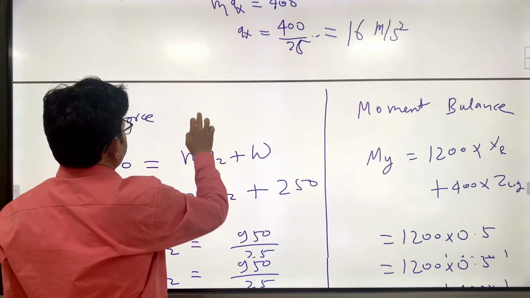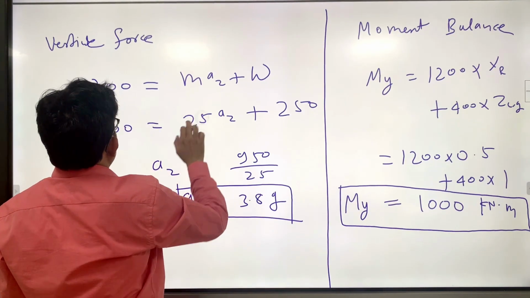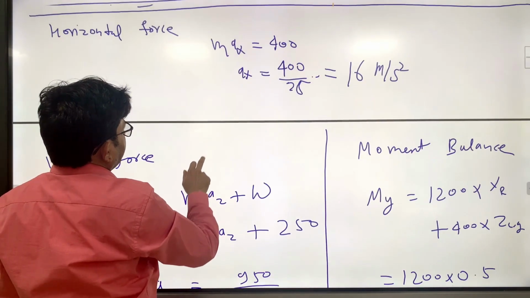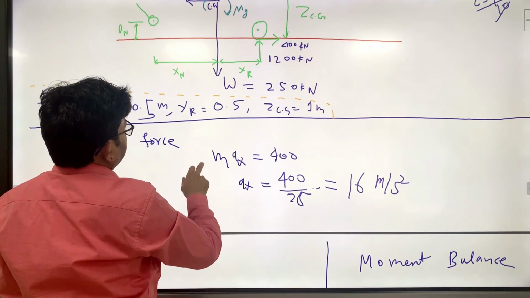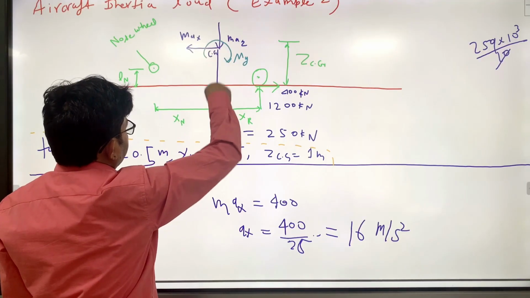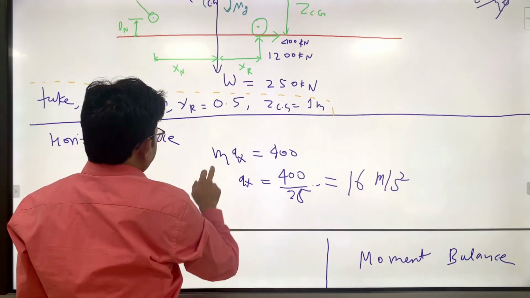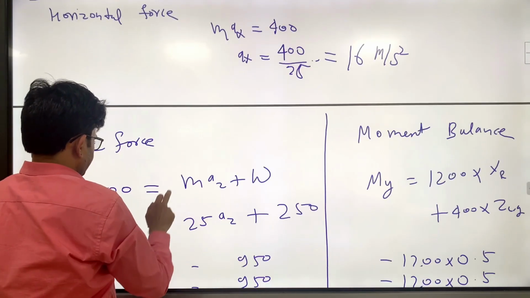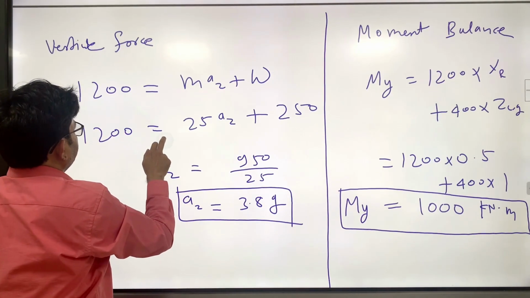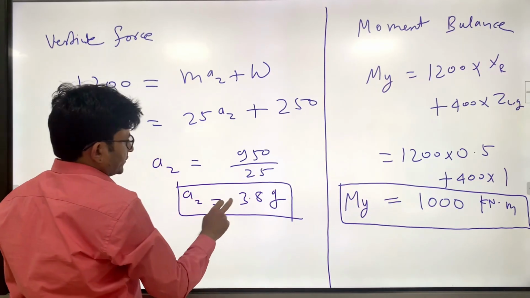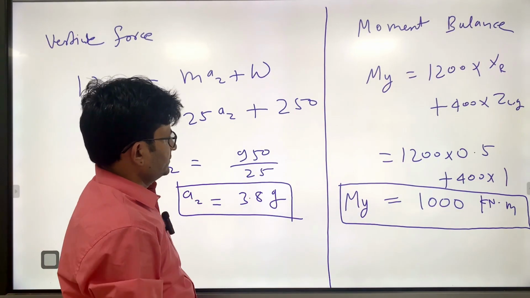And in vertical force, you will see 1200, maz plus W. So maz is acting downward, W is acting downward, and vertical force is 1200 kilonewton. So you can write this equation: 1200 kilonewton equal to maz plus W. So you substitute all the values, you will get az equal to 3.8 g.